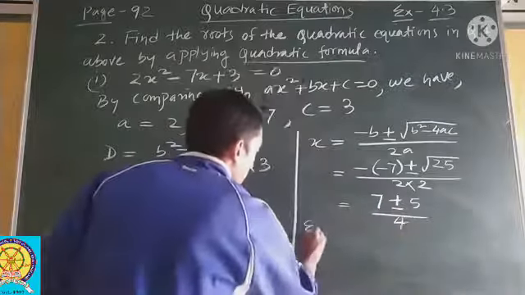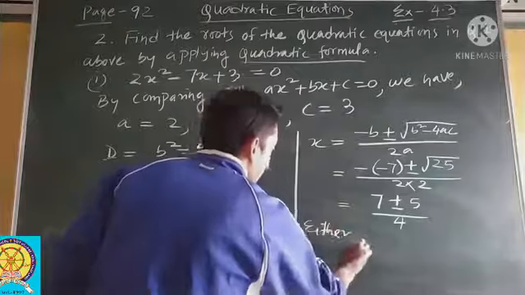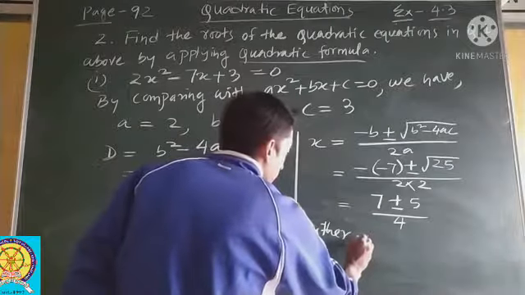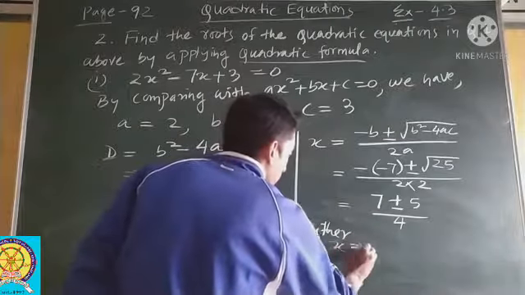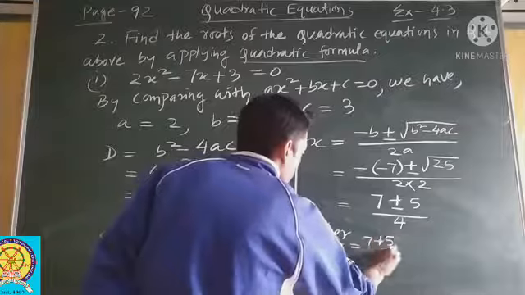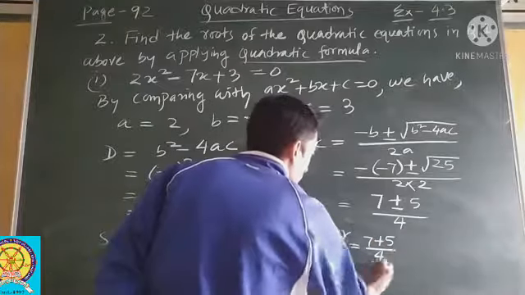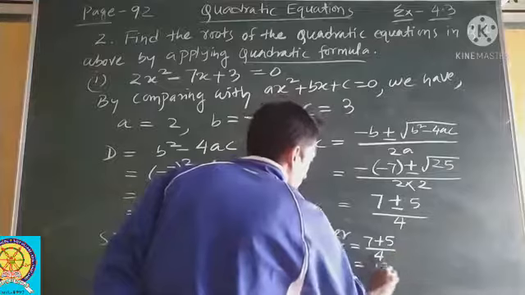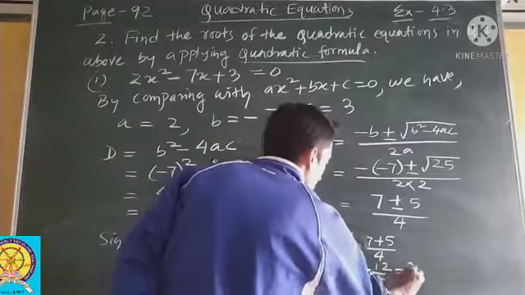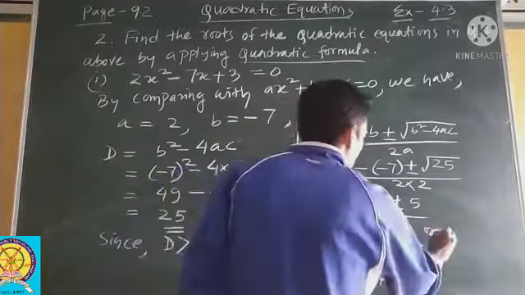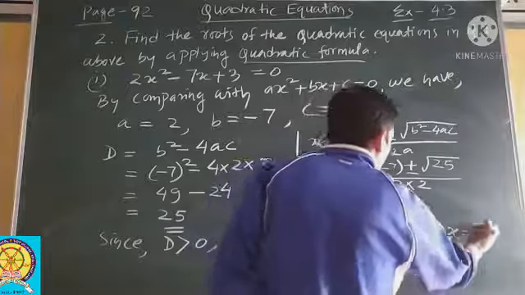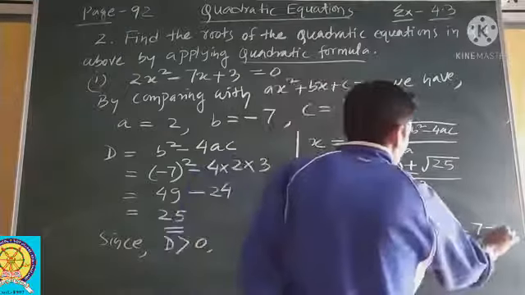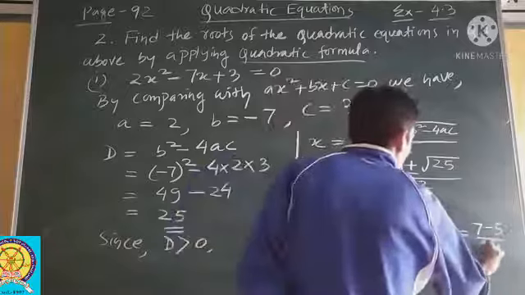So either x is 7 plus 5 by 4. 7 plus 5 is 12, 12 by 4 is 3. Or x equals 7 minus 5 by 4.